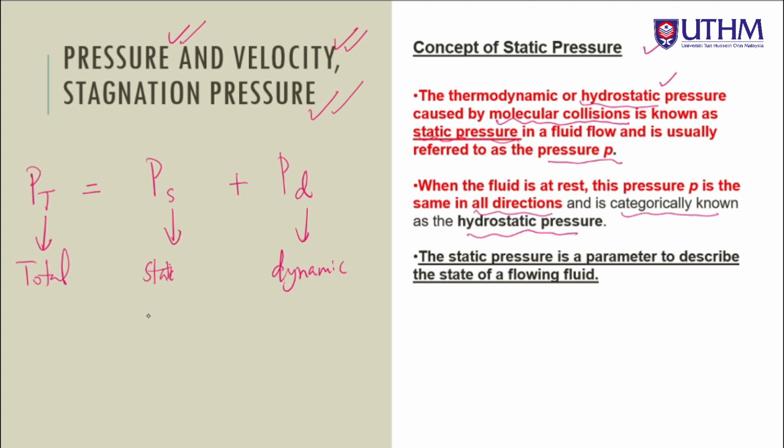Okay, so by definition itself, we know static is something that is not moving. So if the fluid is at rest, the pressure on each molecule is the same in all directions, and this pressure is actually called the static or hydrostatic pressure.